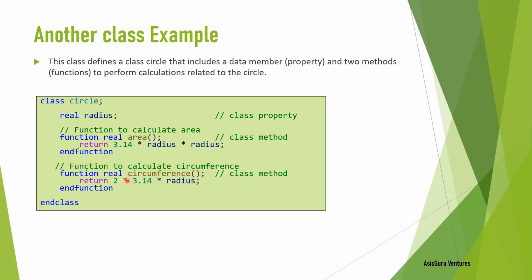And the second function is circumference. It returns the circle circumference using the formula 2 pi r. Both of these functions are declared inside the class and they use the property radius. So I hope it is clear now how class properties and methods work hand in hand.